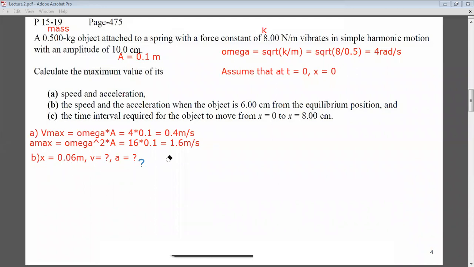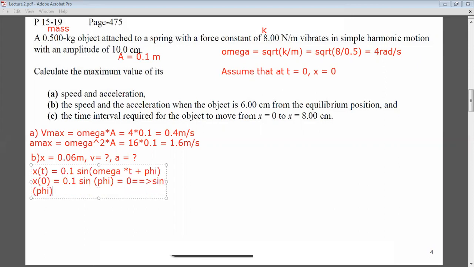Okay, so let's take x of t equal. This is one of the rare problems where the initial conditions are not clear, and that's why we had to make assumptions. So x of t is 0.1 sine omega t plus phi. Okay, x of 0 equals 0.1 sine phi. This is equal to 0, which implies sine phi equals 0. When is sine phi equal to 0?